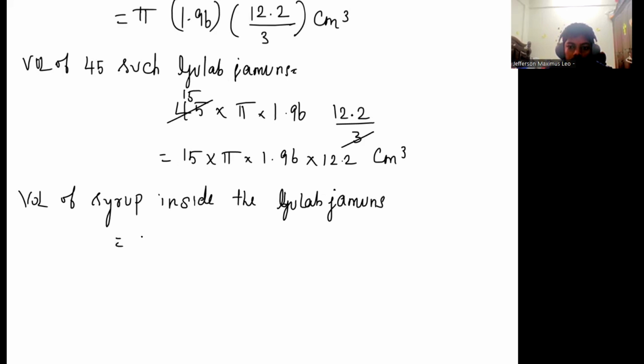That is 15, now pi is replaced by 22 by 7, times 1.96 times 12.2 times 30%. So 30 by 100. Okay.